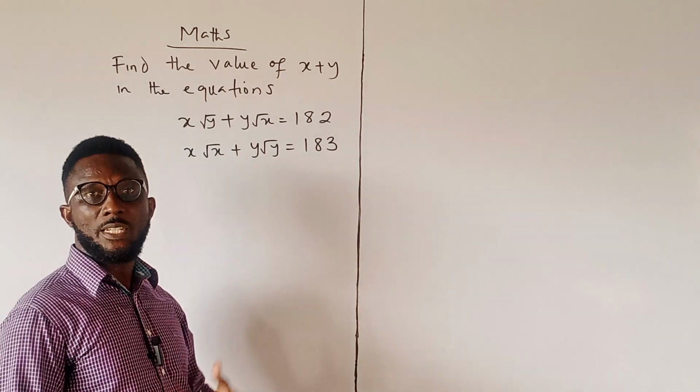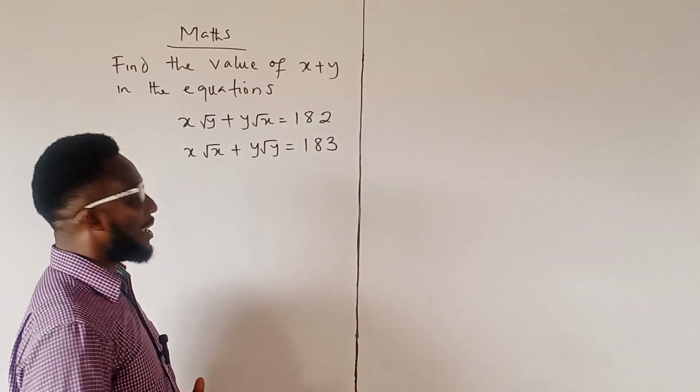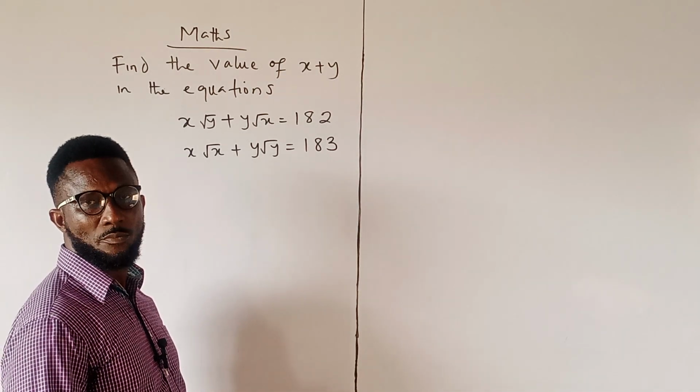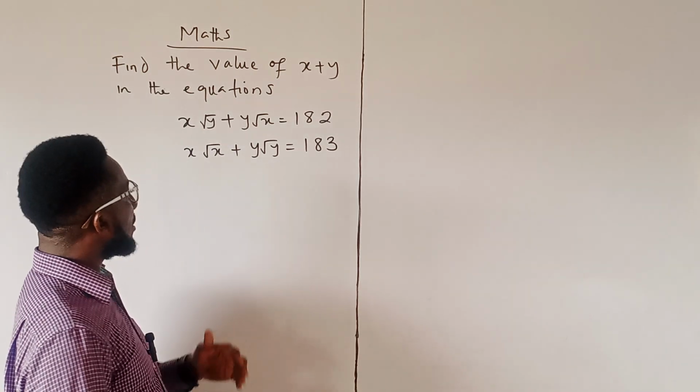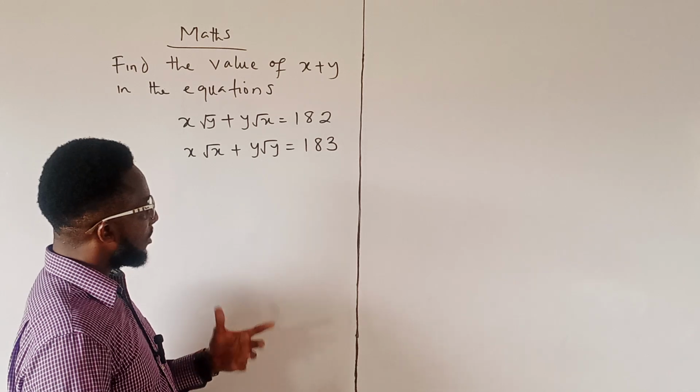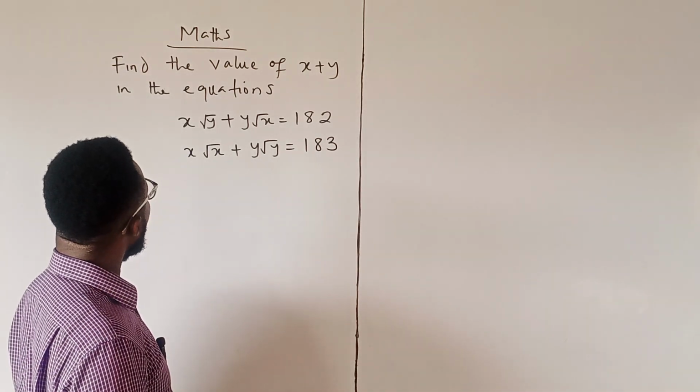You are going to have very crazy algebraic expressions that are difficult to handle. But a very hard-working mathematician can use that approach and may be able to get the answer.